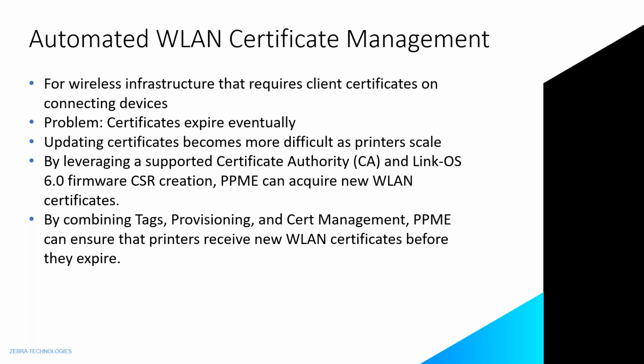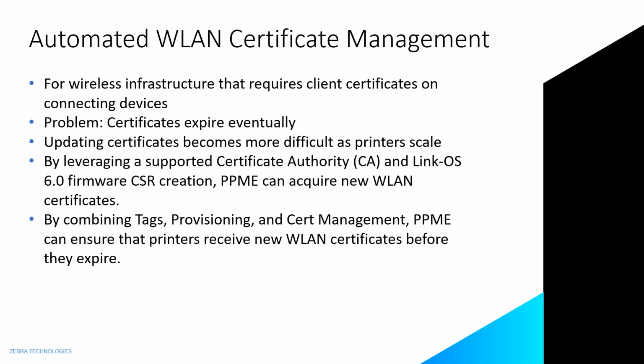So how does this feature work? As I will demonstrate, we connect to a customer's existing certificate authority, the CA they already use to sign their wireless certificates. By using that and the firmware feature of CSR generation, PPME will be able to acquire new certificates for those printers.